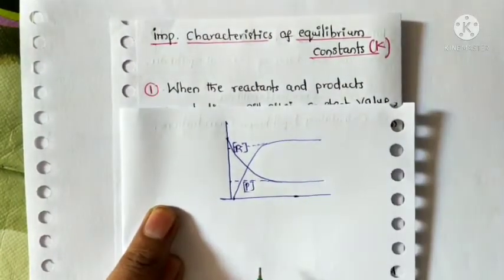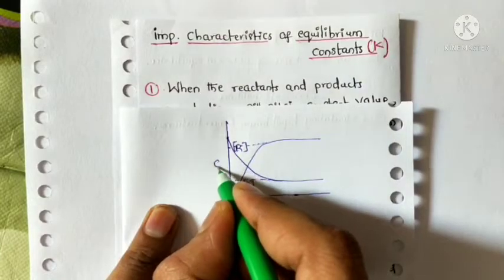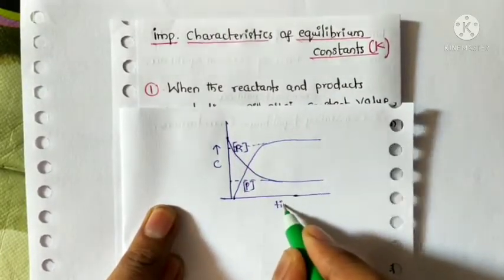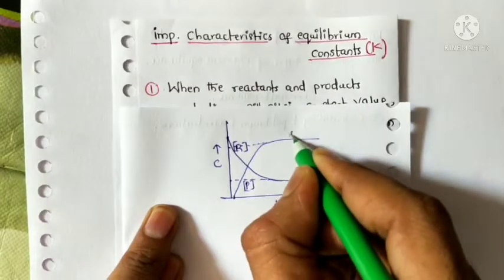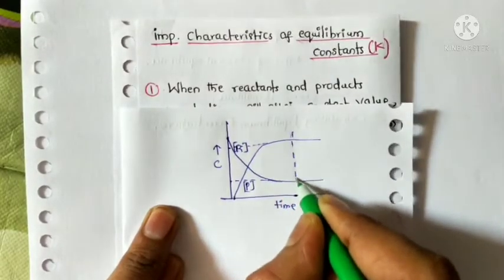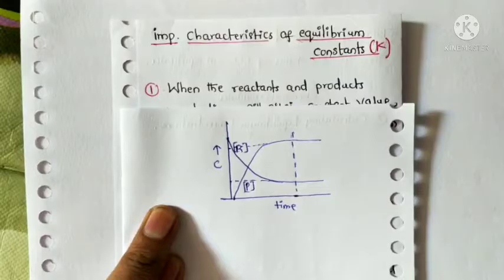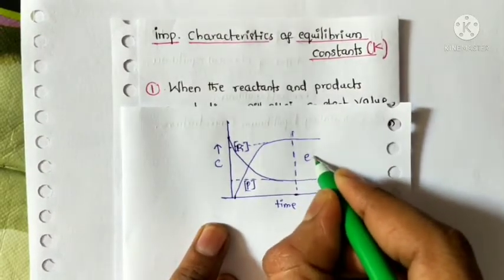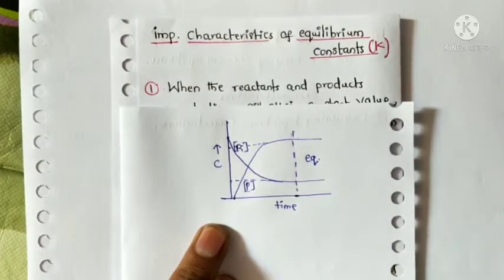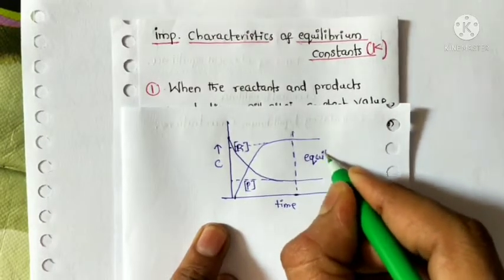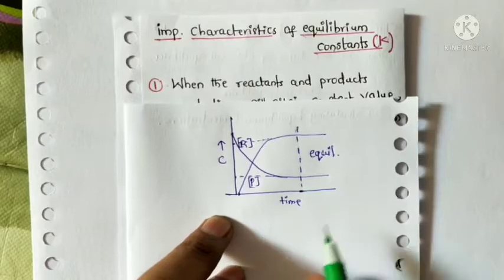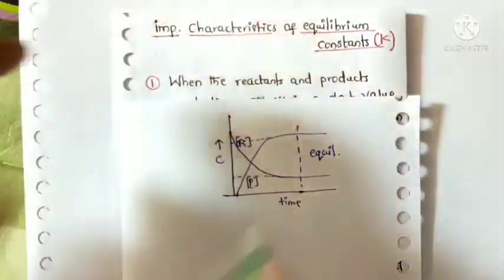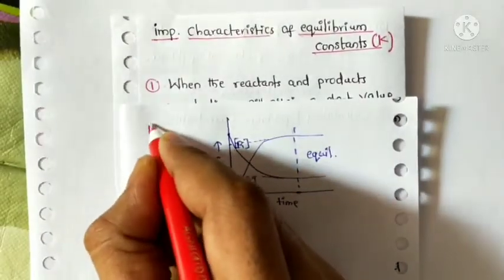So in this situation we can say that the chemical reaction has attained equilibrium, and at this situation we can write the equilibrium constant expression. Okay, that is the meaning of the first characteristic.